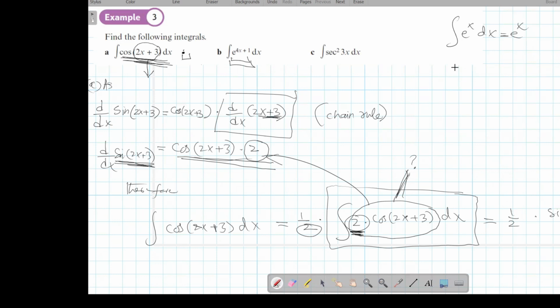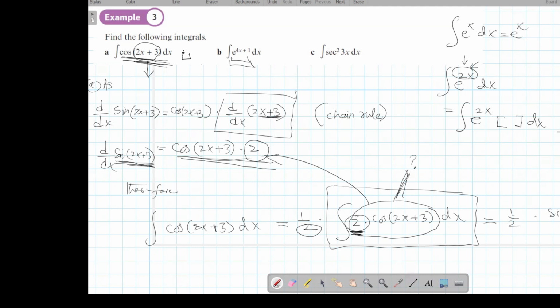But if we have e power 2x, not x, then it is a composite function now. In order to integrate this, you need the derivative of the power to be multiplied with e power 2x here. What is the derivative of the power 2x?